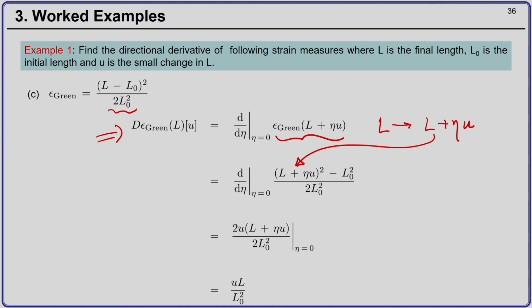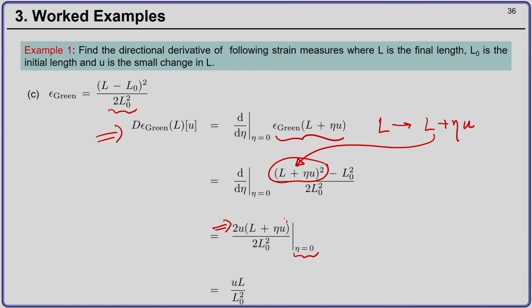Once you take the derivative, what do you get? It is only the first term that has eta. So, when you take the derivative with respect to eta, you will get twice of L plus eta u into u, which is here. And then the second step for computing the directional derivative is you substitute eta equal to 0.